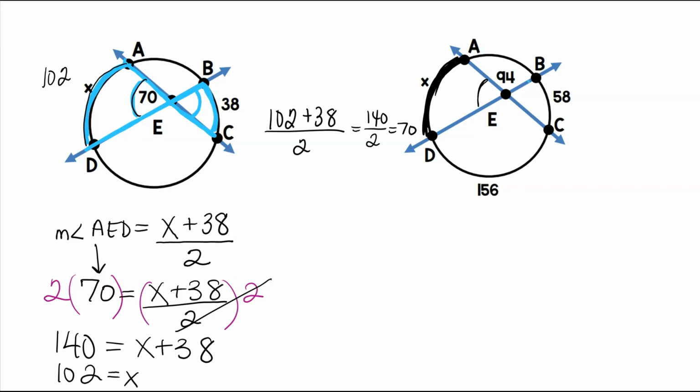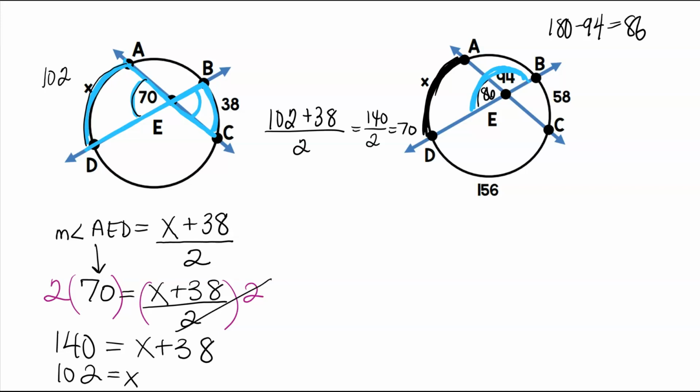If we know that that's 94, we could figure out its supplement, meaning 180 minus 94. That will give us the angle right next to it. So 180 minus 94 is going to give us 86. That means this angle here is 86.